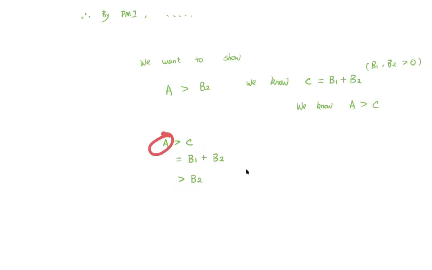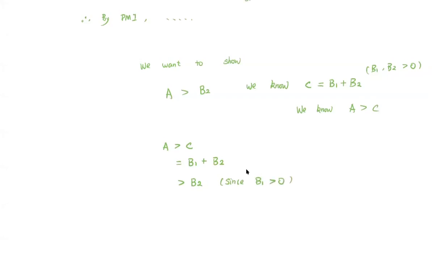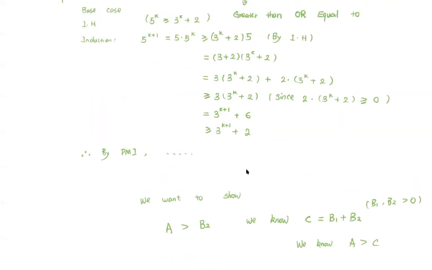I can remove it because B1 is greater than 0. Same thing here. I removed this because we don't need it. I can remove it because it's greater than 0, so I know it's greater than or equal to.